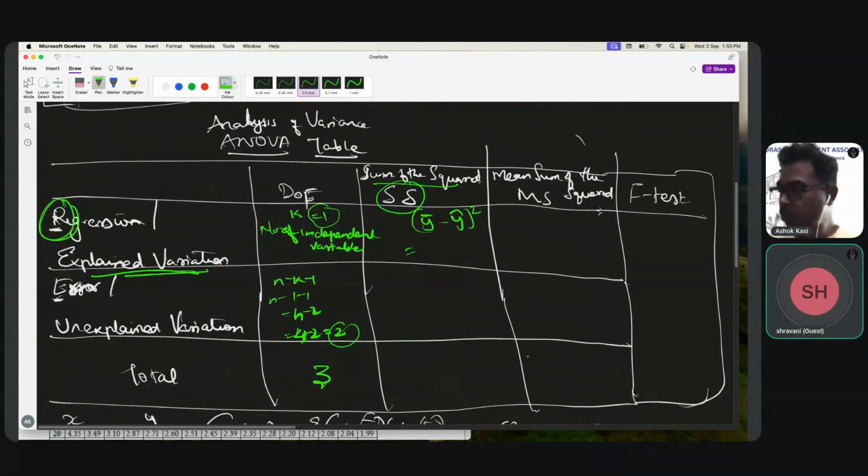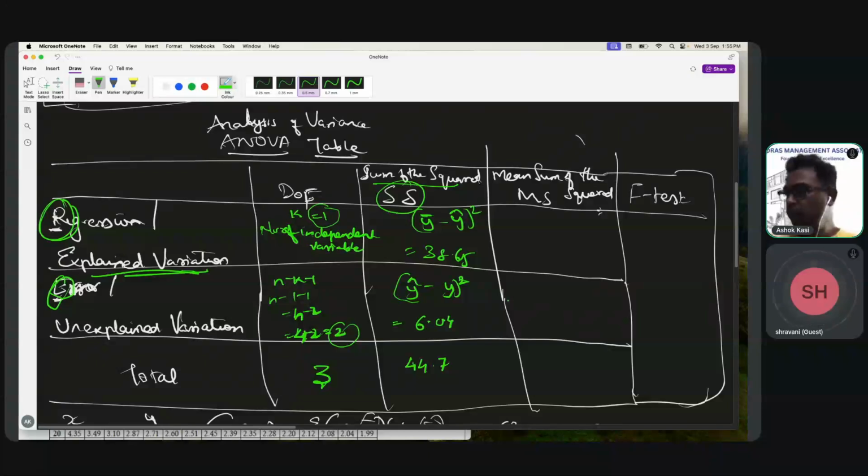Which comes to 38.65. Then SSE, error. That means unexplained variation. It will be y hat minus y the whole square, 6.04. And this total comes to 44.6 or 7, right? Yes. 44.7.